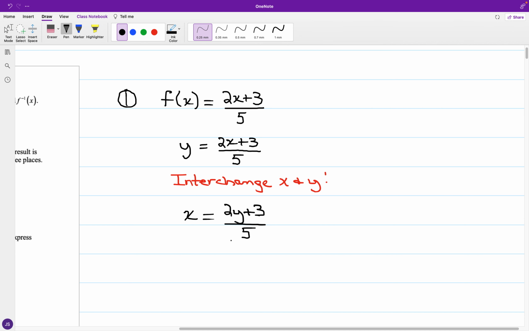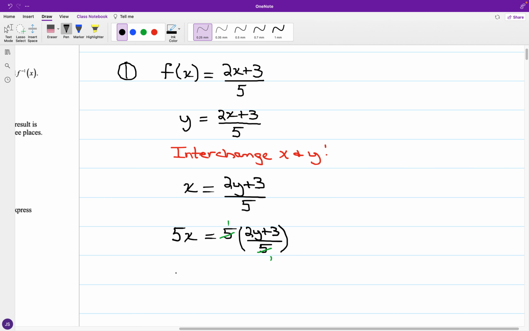So if I get out of the fraction, I multiply both sides of the equation by 5, and we will have 5x is equal to 2y plus 3.